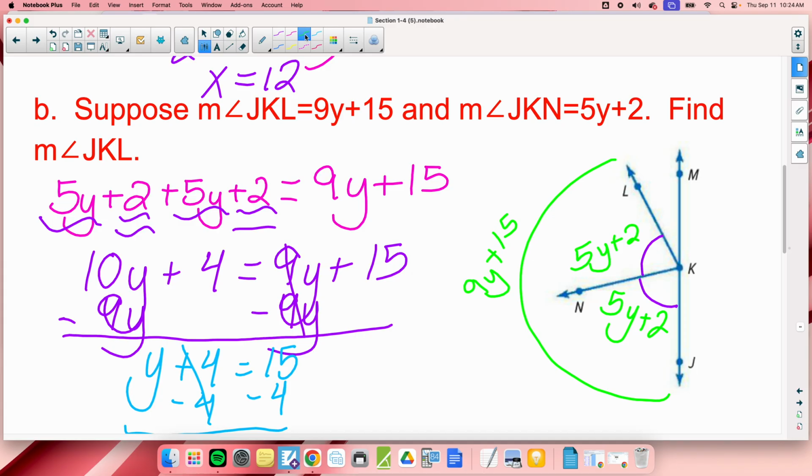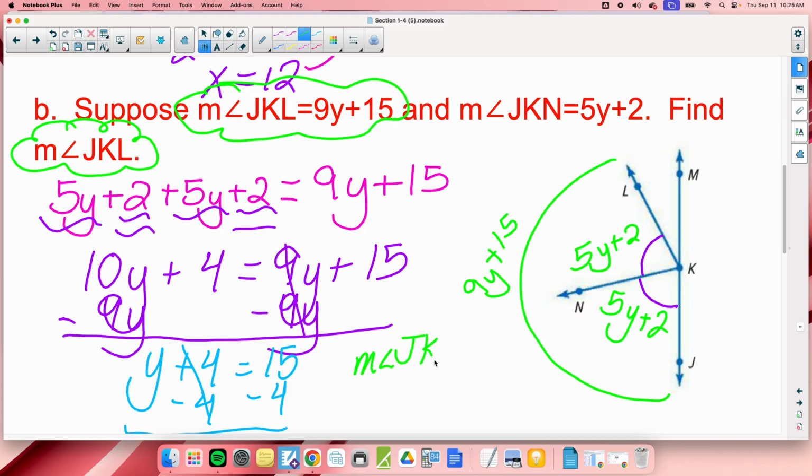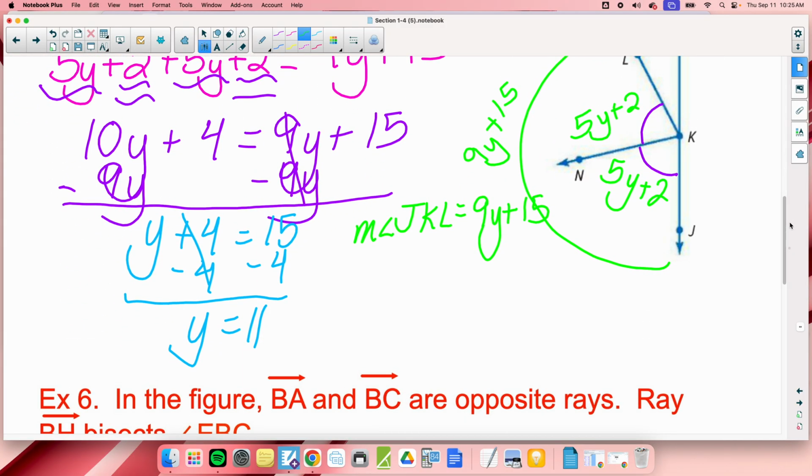Okay, so now what do we do last? We look at what it is that they're asking us for, and they want us to find the measure of angle JKL, which is the whole thing, or like I said, it might be easier to look up here. So we're going to take the measure of angle JKL, which is 9y plus 15, and put our answer of 11 in there.